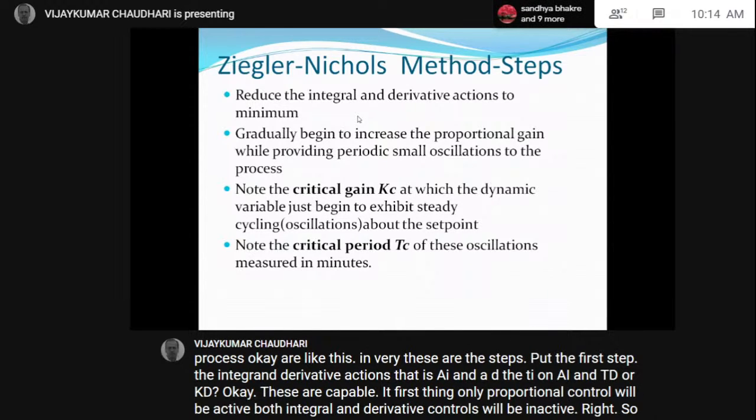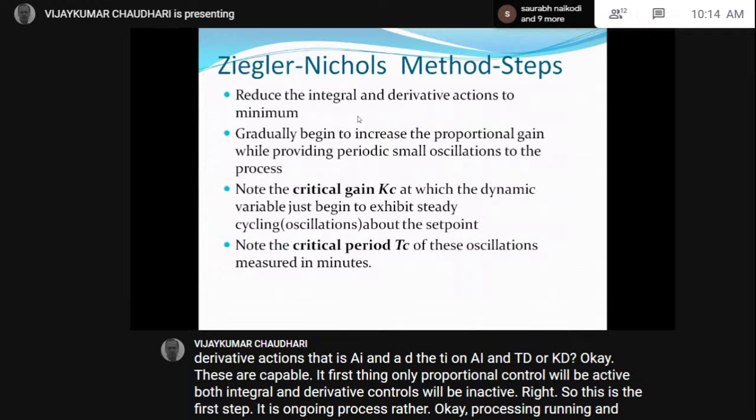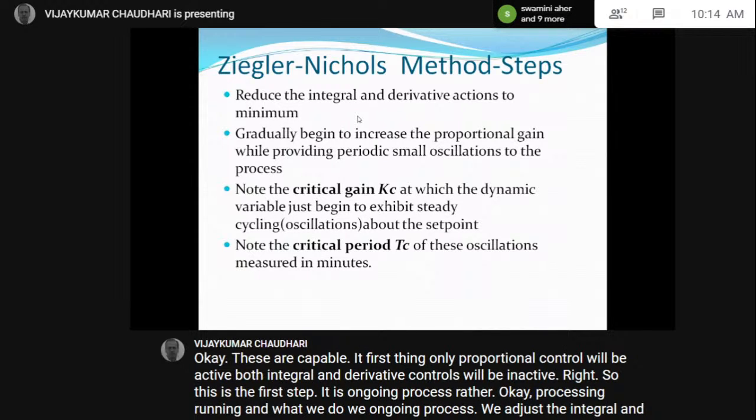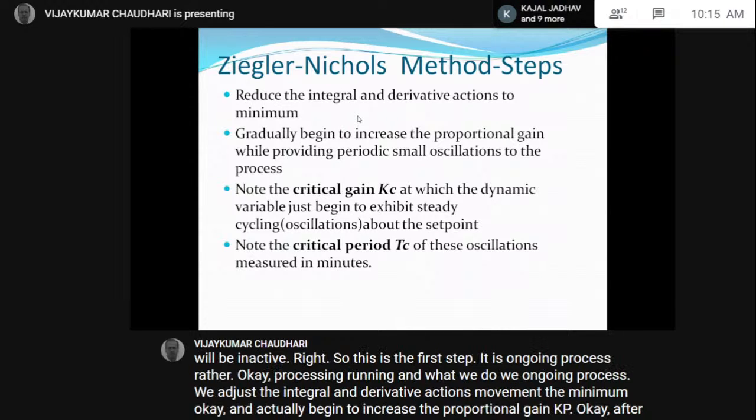It is an ongoing process. The process is running, and we adjust the integral and derivative actions to their minimum, and gradually begin to increase the proportional gain Kp. Up to what point is it increased?